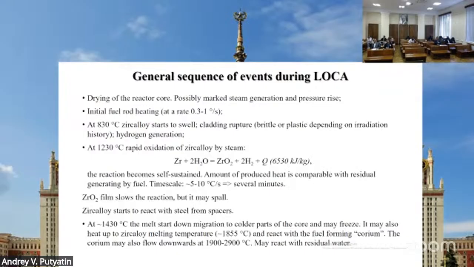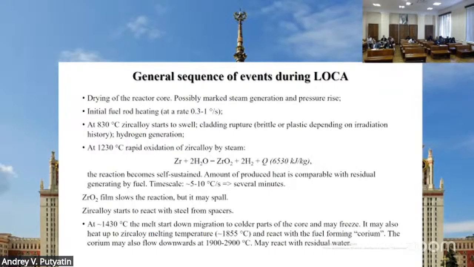Zircaloy starts to be oxidized by steam with a huge release of heat and hydrogen. At this stage, the reaction is strongly exothermic and self-supporting, so the core starts to be heated at a rate of approximately 10 degrees per second.